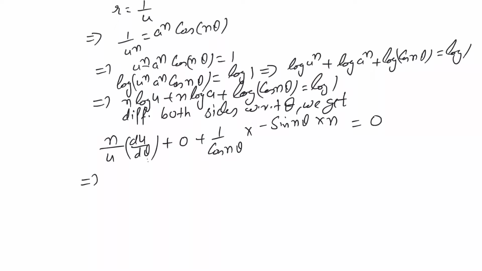This implies that (n/u) du/dθ − n tan nθ = 0.